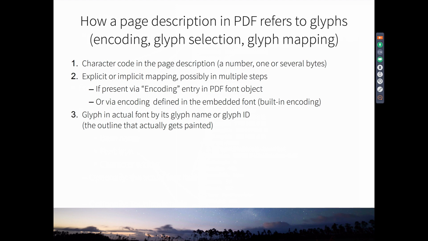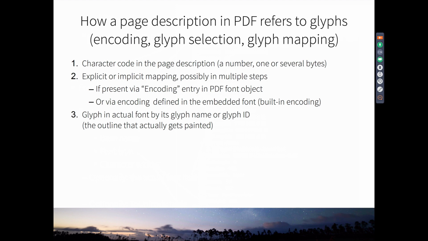But also here we have a number, and then that is being mapped to something, and that could be the actual glyph, and that could take place via an explicit encoding entry in a PDF. So something needs to be there in order to help us to get from the character code to the glyph ID in the font.